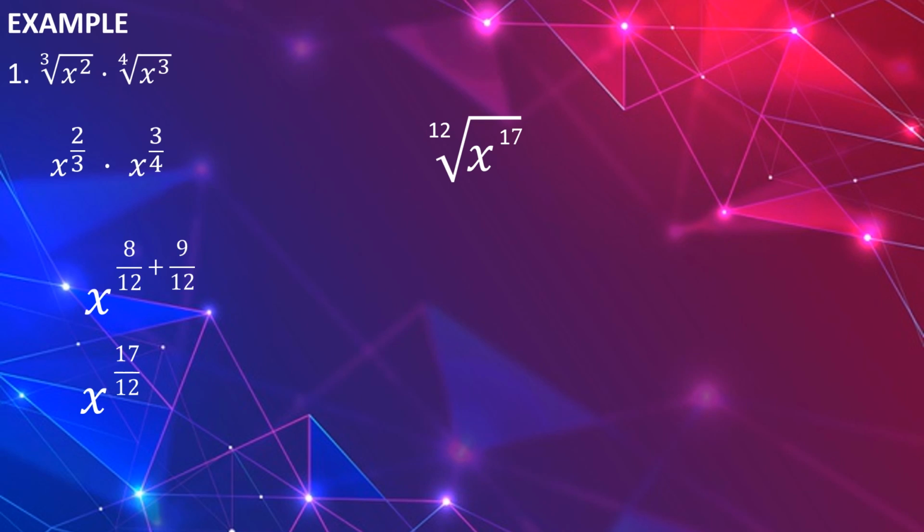Now we are ready to simplify our radical. Notice that the exponent of our radicand, which is 17, is greater than our index, which is 12. The simplified form of the product is x times the 12th root of x raised to 5.